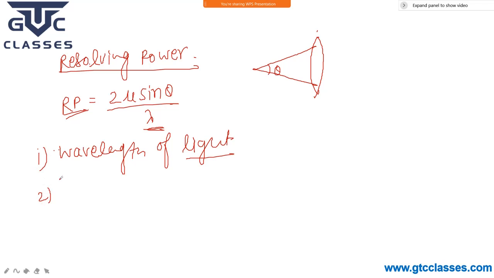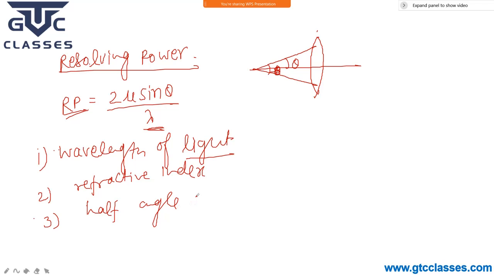It depends upon refractive index, and that makes sense also, right? Because we are doing the refraction, so refractive index should come into the picture. Next thing is the half angle of the cone. Okay, I think I have drawn it wrongly. Then this should be the half angle. This is the theta. So it is the half angle of the cone of light.